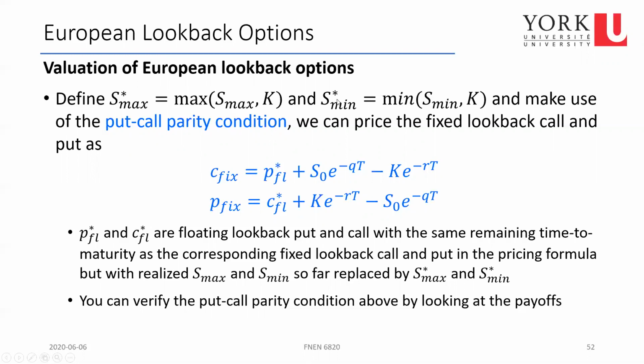So you make that substitution and put them into the floating formula there. Then you can use a put-call parity condition like this to calculate the fixed European look-back call with the price of a floating European look-back put, provided you make the substitution on the price.